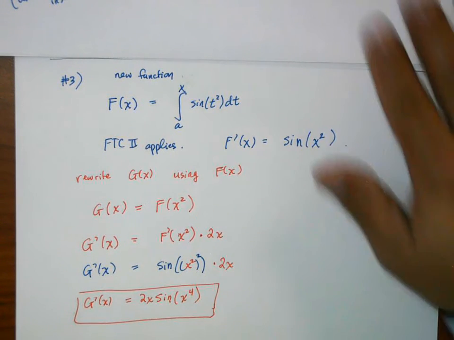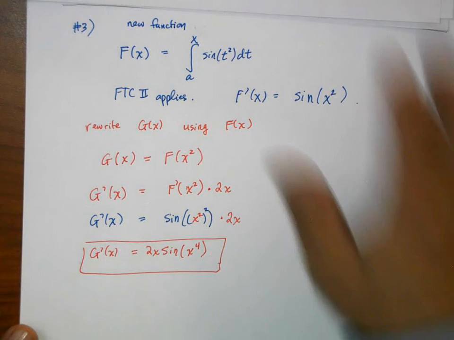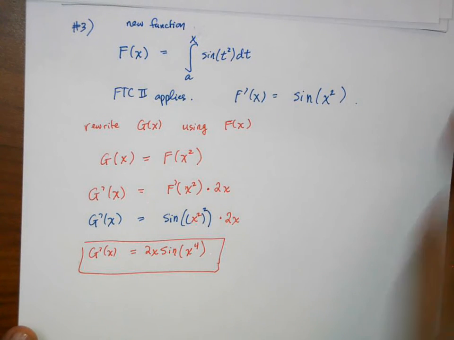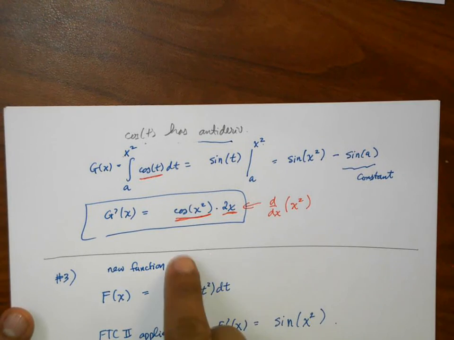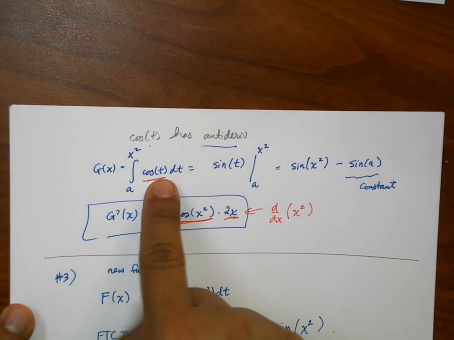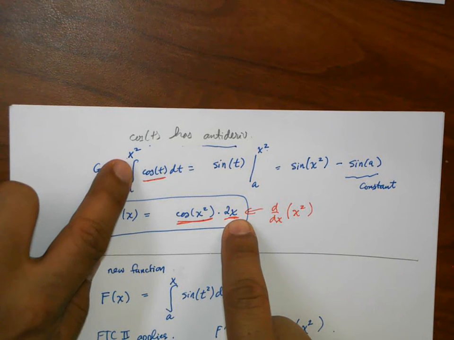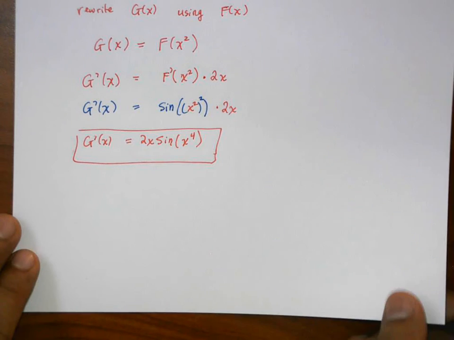So the main idea is, of course, that we try to do a new problem with some complications by applying what we've seen from the previous problems. And you can see how this idea also applies to the solution to number 2. If you think about number 2, all we really needed to do was take x squared and plug it in here, and then multiply it by the derivative of the upper bound of the integral.